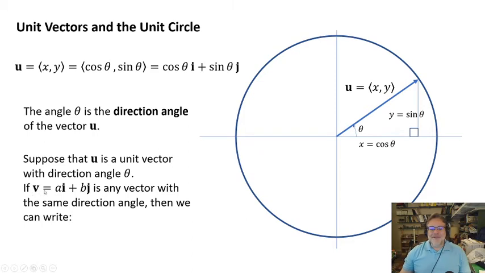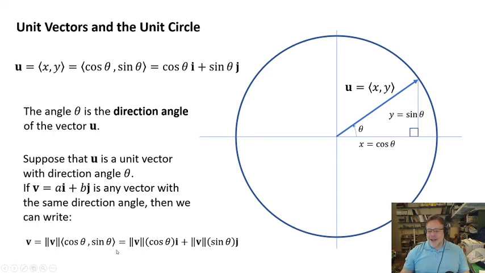If we have any vector v with the same direction angle, pointed in the same direction here, then we can write this: v is equal to its magnitude times this unit vector u here. Since the magnitude of u is 1, this gets the direction right, and this gets the magnitude right.